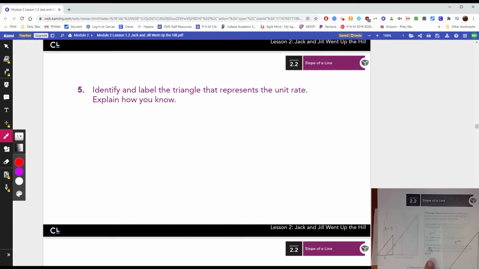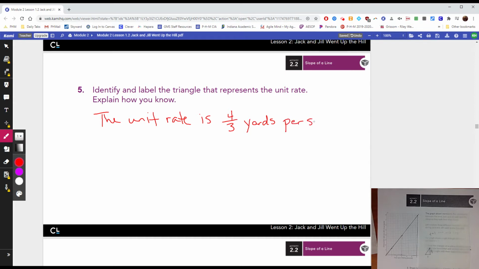So the only one that has that is our original triangle when t was equal to 1. So the unit rate is 4/3. We're talking about yards per second, per 1 second.